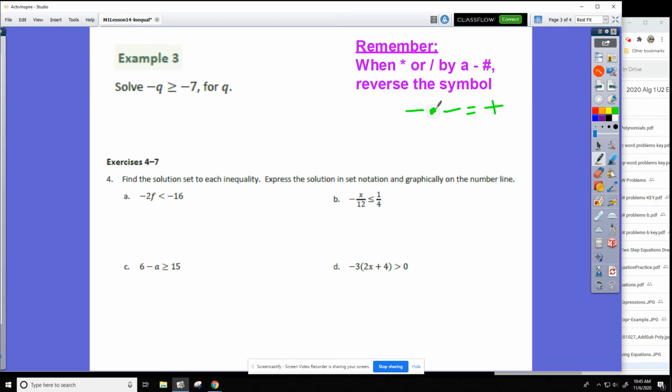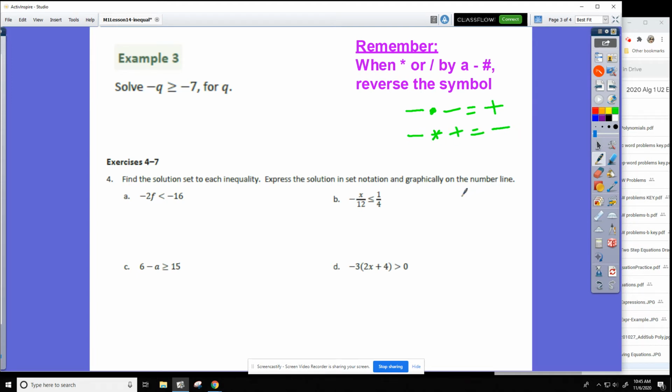Whenever we multiply or divide by a negative, it changes this negative to a positive, changes the answer to a positive. If we multiply a negative times, I'll do a star this time, a positive, then the answer is negative.